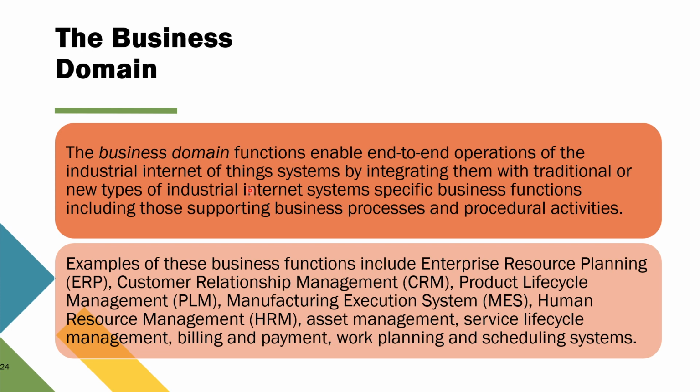Something outside of the operation itself, in order to make sure that all the operations and the functional domain work smoothly, we need some functions that help them run. For example, the business functions: enterprise resource planning, customer relationship management, product life cycle management, manufacturing execution system, human resource management, asset management, service life cycle management, billing and payment, work planning and scheduling system.